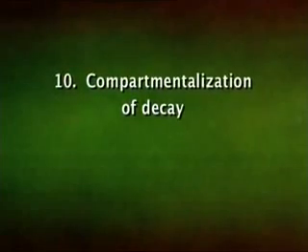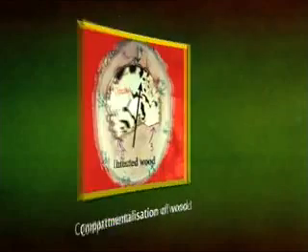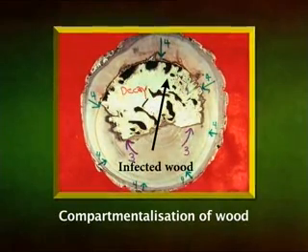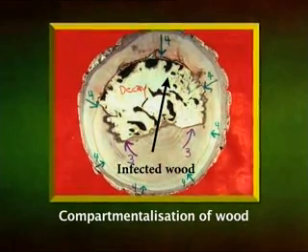Another important and interesting feature shown by the trees is the compartmentalization of decay. Trees have evolved a superb mechanism to resist progression of infections and decay inside. Once any internal part of the stem or other organ is infected or dead, the tree simply seals off that portion from the rest of the plant.